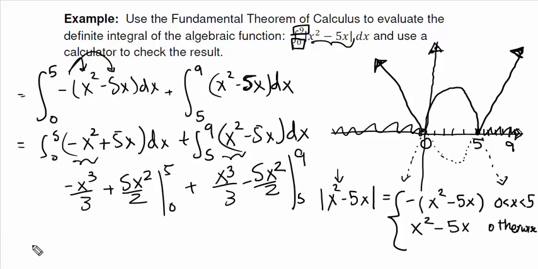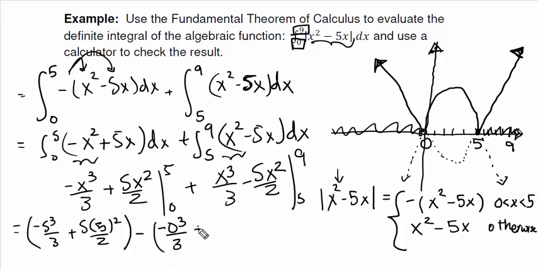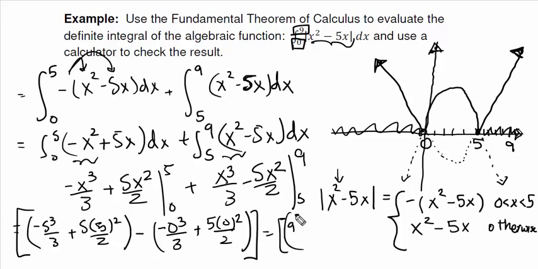And this can get a little bit messy, because you substitute in the 5, and then you substitute in the 0, and you subtract, and then you substitute in the 5 and the 9, which you still have to do over here.